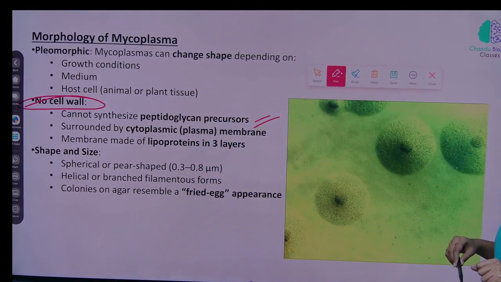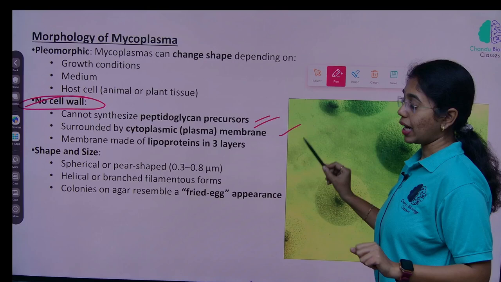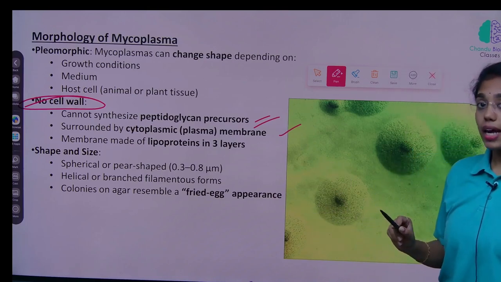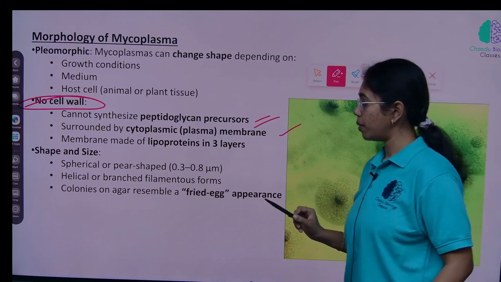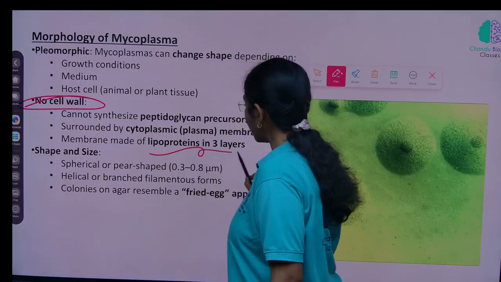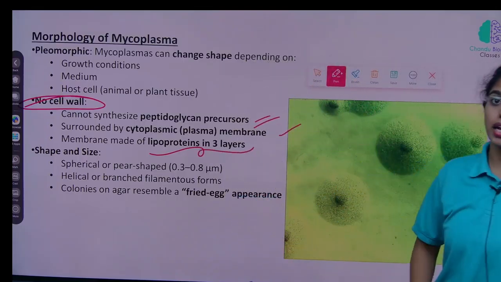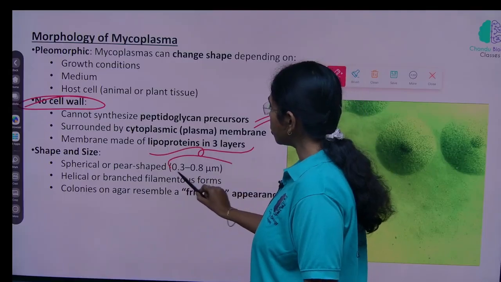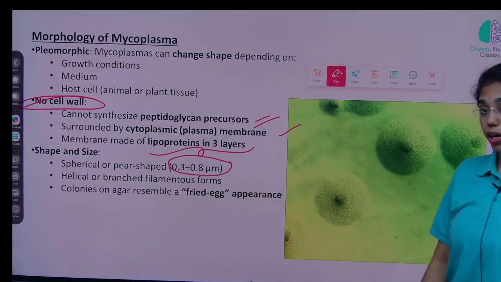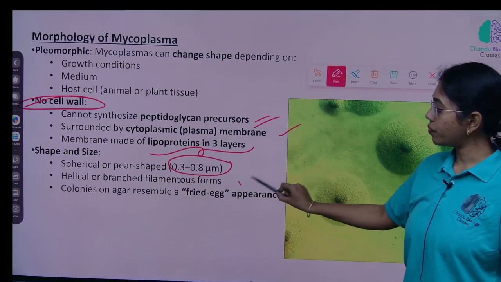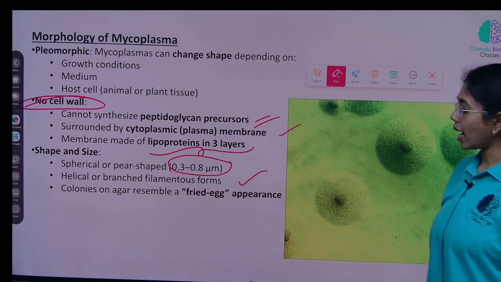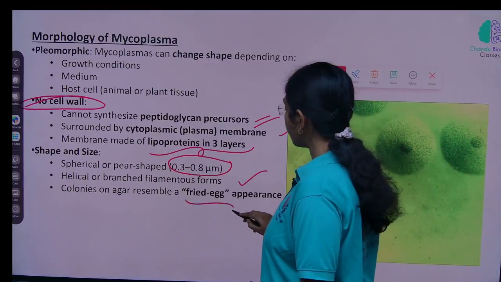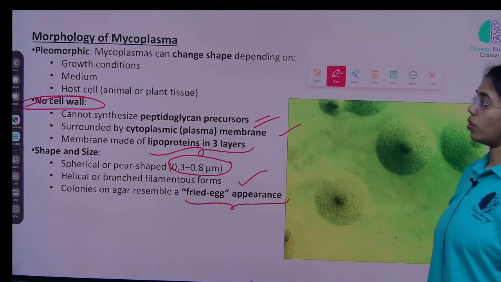They are surrounded by a cytoplasmic membrane, and as I told you, by 3 layers of cell membrane which are lipoproteins. Shape and size: spherical and pear shape, 0.3 to 0.8 micrometers, helical, branched, filamentous forms. Colonies on agar resemble a fried egg appearance.